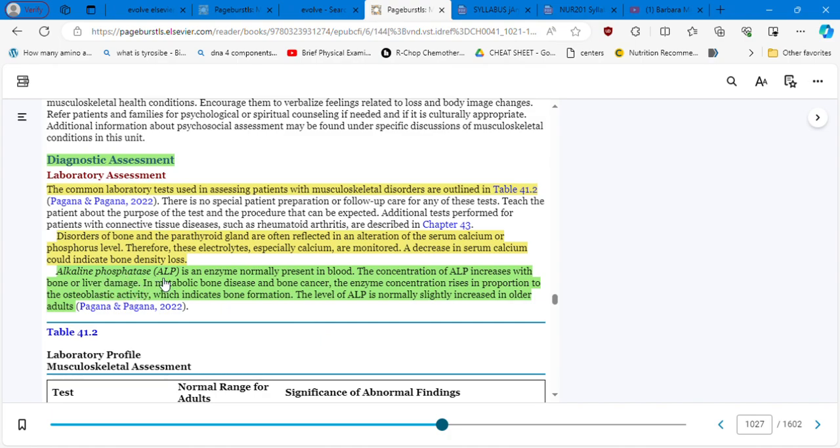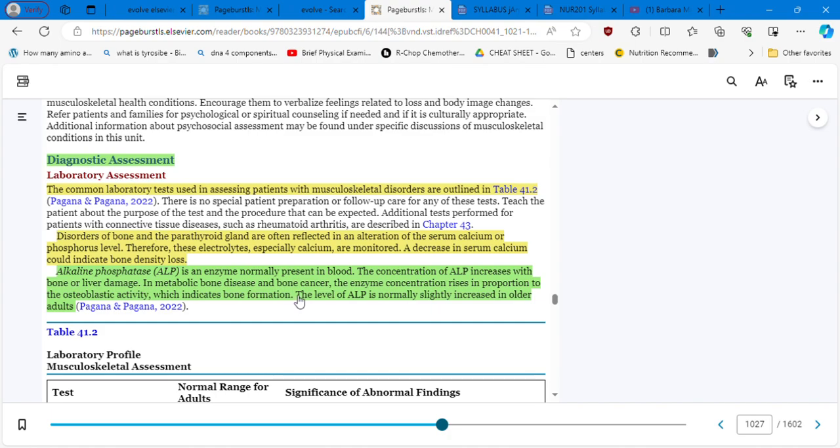Alkaline phosphatase, ALP, is an enzyme normally present in blood. The concentration of ALP increases with bone or liver damage because this enzyme is one of the three that represent the liver. You know, your AST, your ALT, and your ALP. In metabolic bone disease and bone cancer, the enzyme concentration rises in proportion to the osteoblastic activity, which indicates bone formation, right?